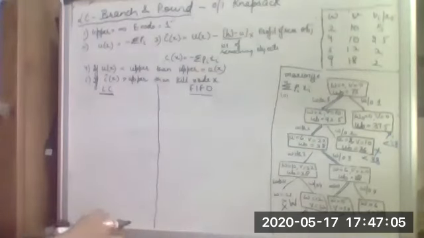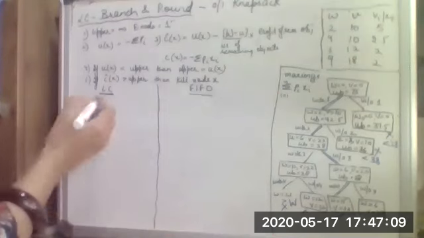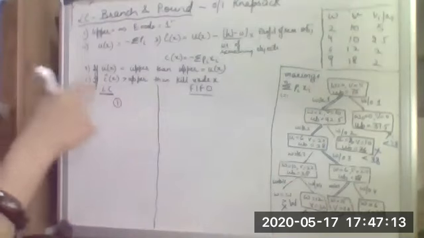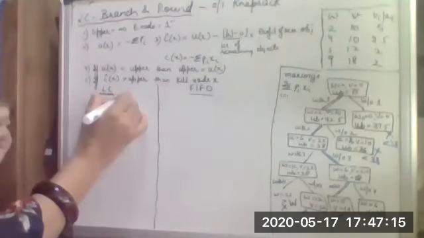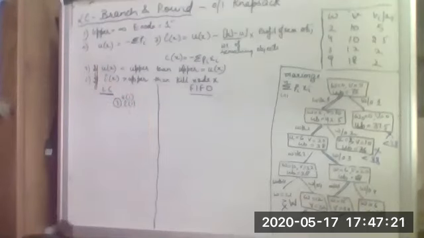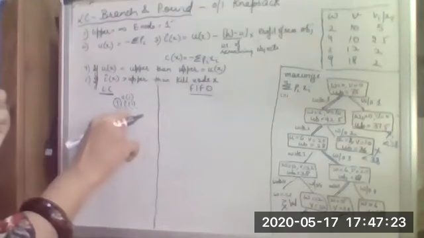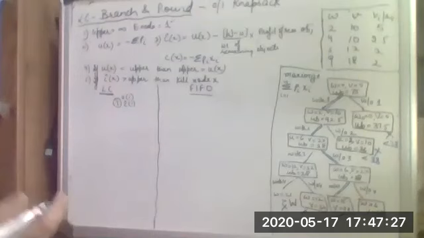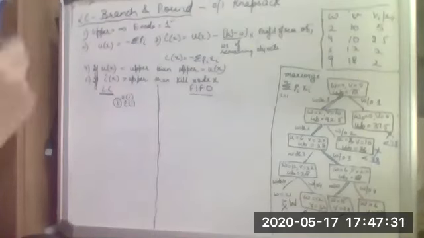Now to start with, when we are working on the very first node, where we have not selected any element, what we need to find out is the value of this U1 and the value of this C1. U1 means the profit value that can go into the knapsack.